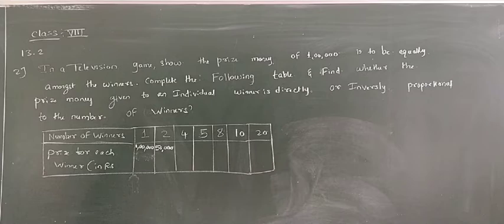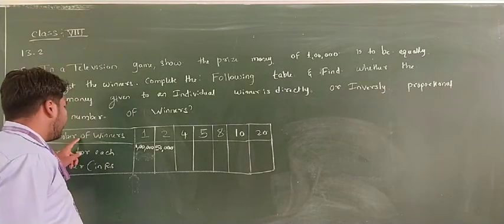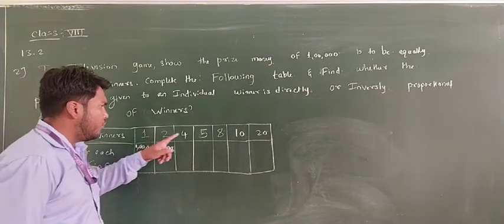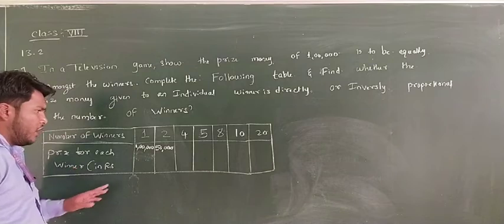Complete the following table and find whether the prize money given to an individual winner is directly or inversely proportional to the number of winners. This problem is in the form of inverse proportion. The number of winners is 1, 2, 4, 5, 8, 10, 20, and we have to find the prize for each winner.